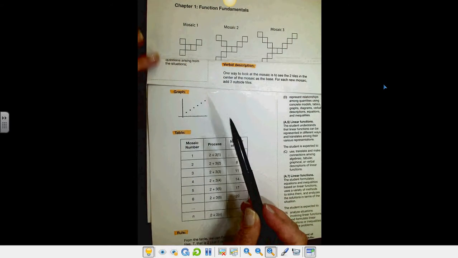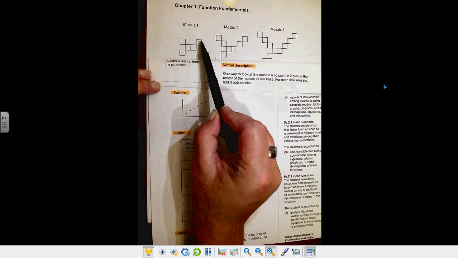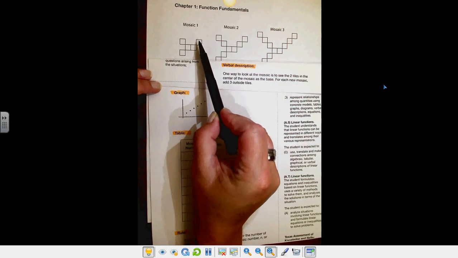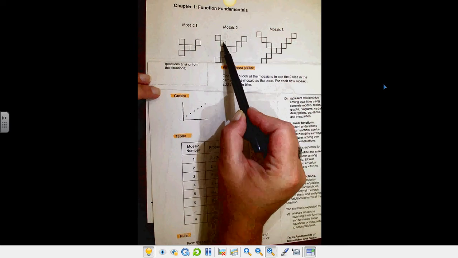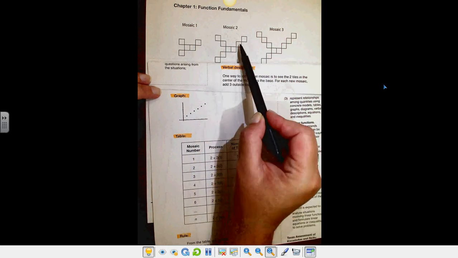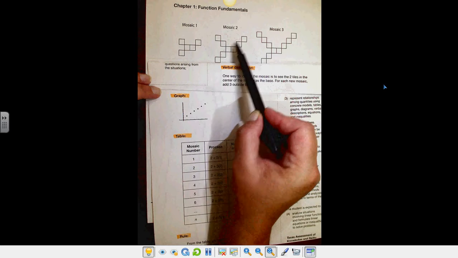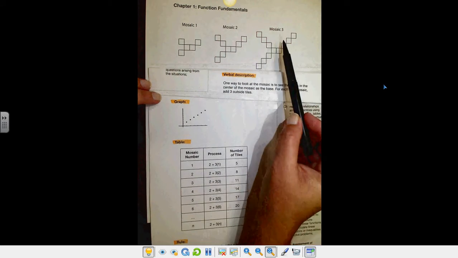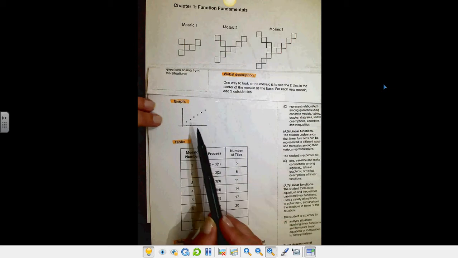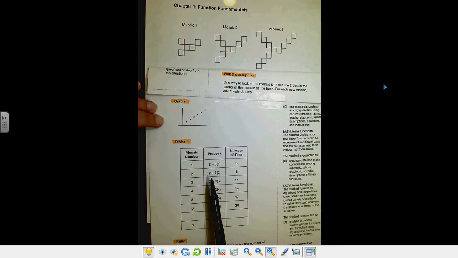So, for mosaic 1, we had the 1, 2, 3 tiles added to the center. For mosaic 2, we had the 1, 2, 3, 4, 5, 6 tiles added to the center, and the pattern continues for mosaic 3. We had a graphical representation and then a tabular.